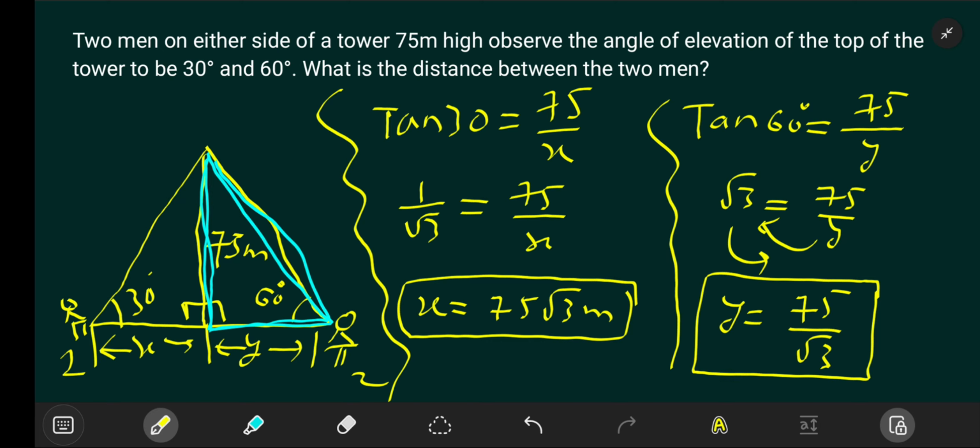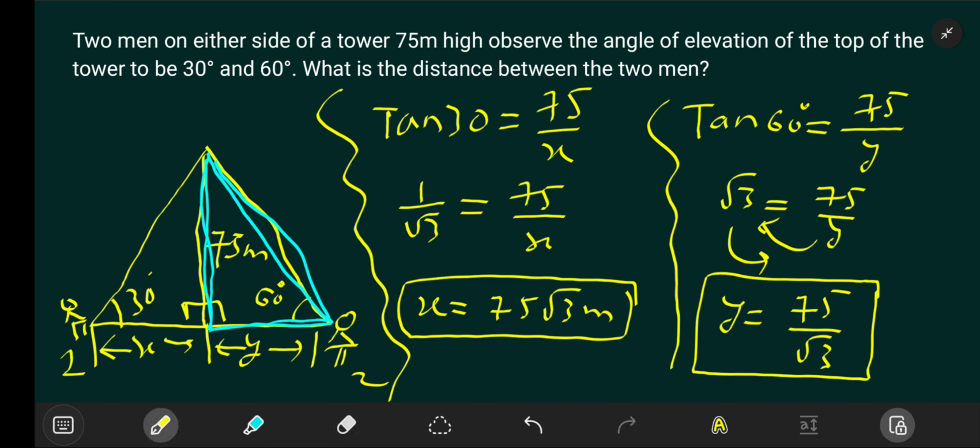Now they are asking for the complete distance. The complete distance is x plus y: from the first man to the bottom of the pole is x, and from the bottom of the pole to the second person is y. Understood with this?